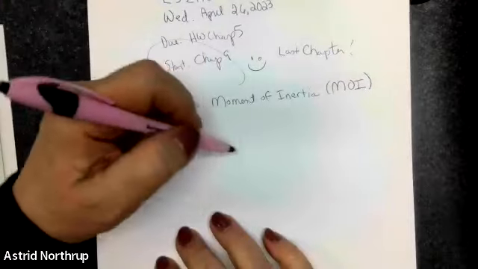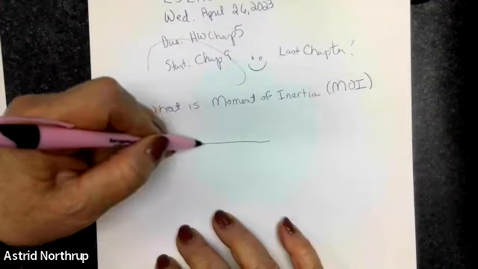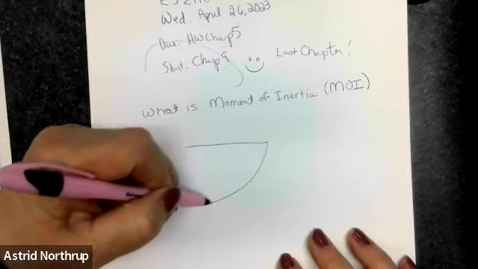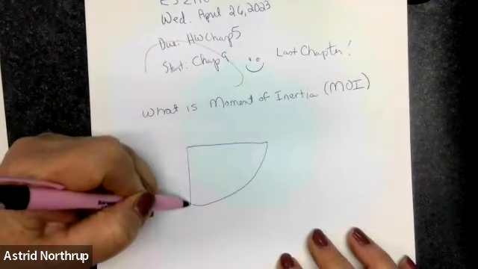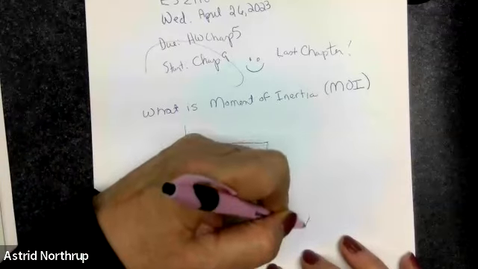What a moment of inertia is, if you have some sort of a shape, okay, here's the y-axis and here's the x-axis.